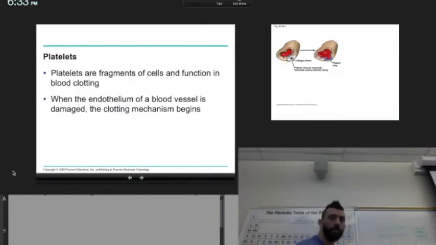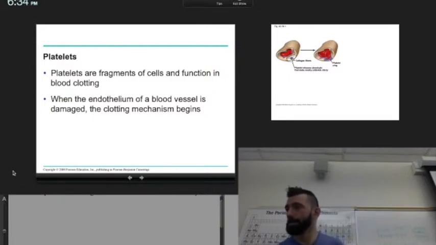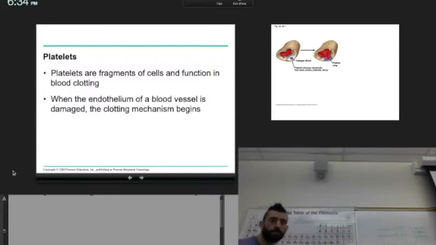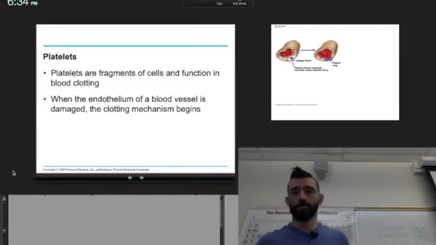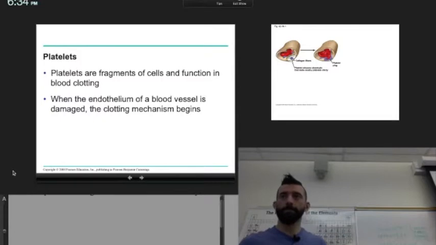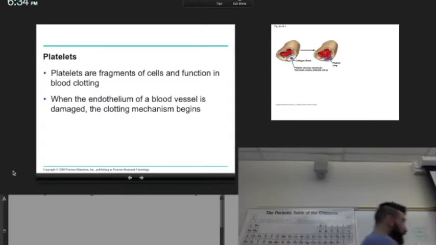Okay, so platelets are involved in clotting, and they're actually involved in clotting in two different ways.